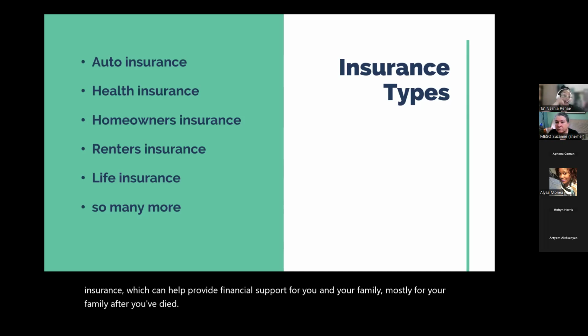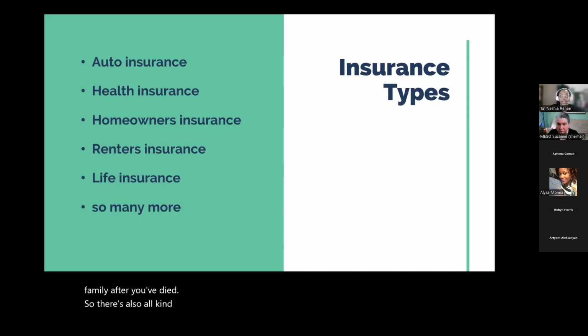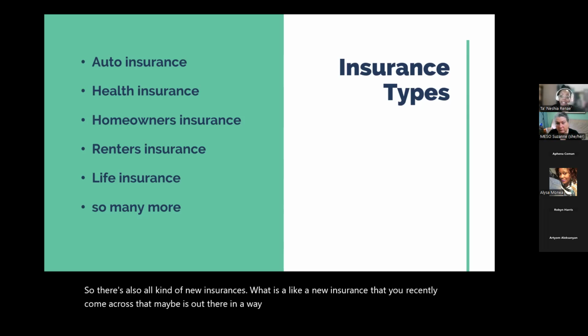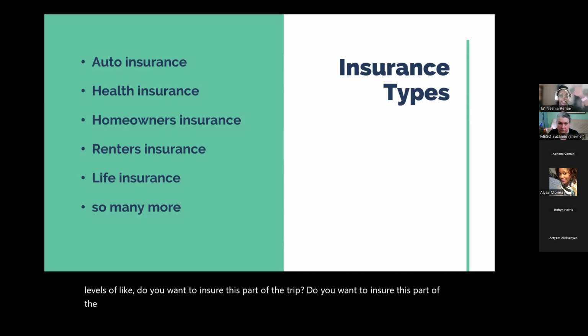So there are also all kinds of new insurances. What is a new insurance that you've recently come across? I know travel insurance is another new one. When you go to buy a plane ticket or do anything, there are so many levels of, do you want to insure this part of the trip? Do you want to insure the flight, all the things?